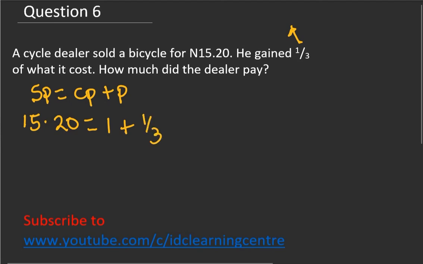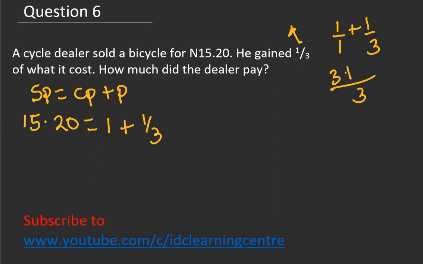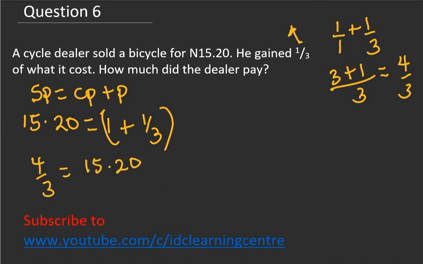So let's solve this fraction. 1/1 plus 1/3. LCM is 3. 1 into 3, 3. 3 times 1, 3. Go to the next fraction. 3 divided by 3, 1. 1 times 1, 1. Everything here will give me 4/3. So this 4/3, which is everything here, equals the amount sold, which is the selling price.